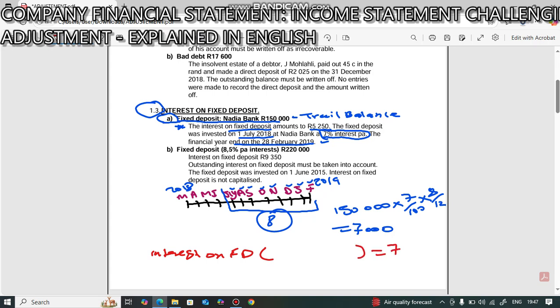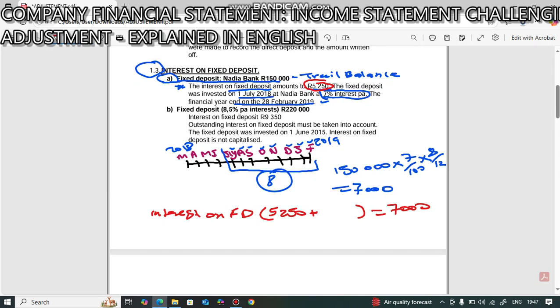The total is 7,000, because we are supposed to receive the interest for only 8 months, meaning 7,000 was supposed to be received. Now the business had received this amount during the financial year, meaning the business had already received 5,250. So what is the amount that was outstanding? Then we are going to take this 7,000 rand and subtract this 5,250.